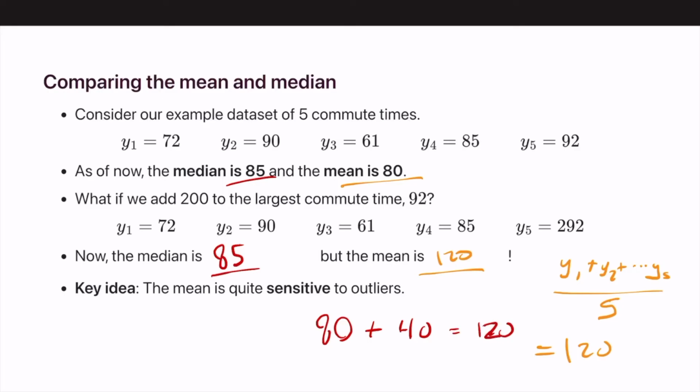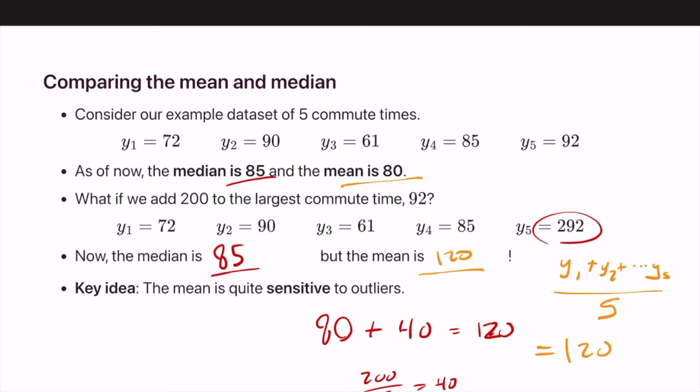Well, the 40 comes from the fact that we added 200 to the data set, and 200 divided by 5 equals 40.